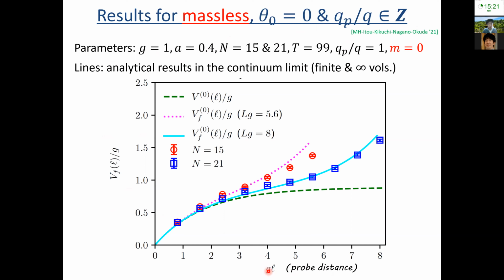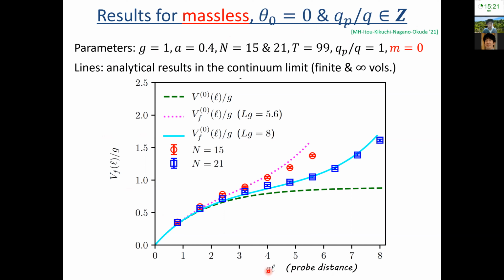By the way, the red symbol is the result for the massless case, where we expect the screening behavior. So we have something like confinement behavior. And this is consistent with the expected confinement behavior. And it would be interesting to estimate the string tension by picking up the slope of the straight linear behavior.